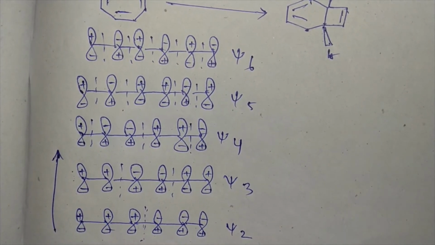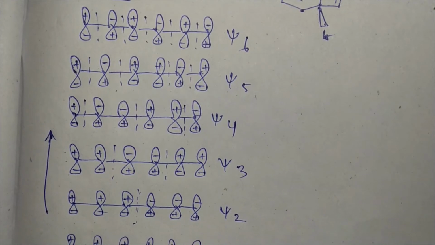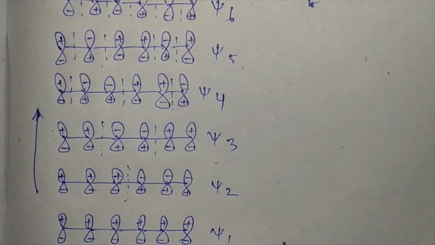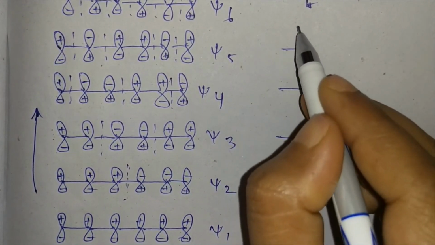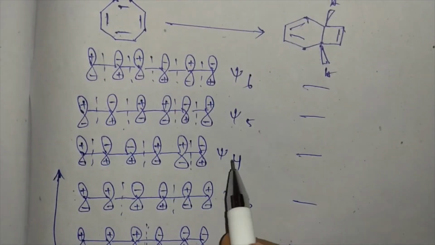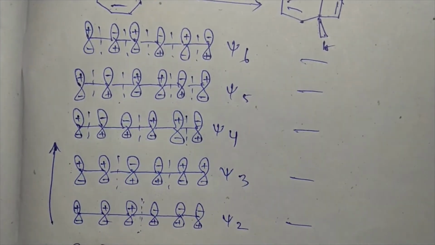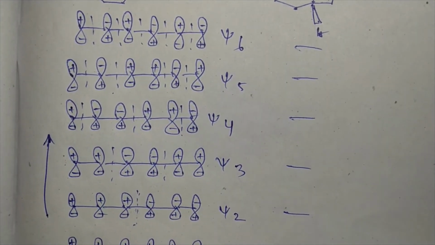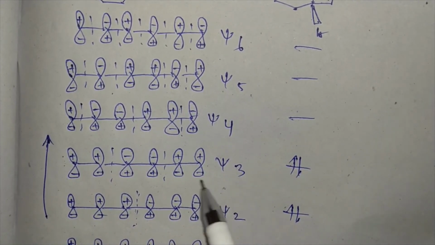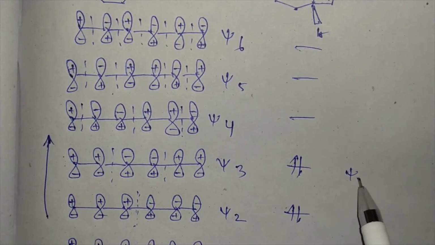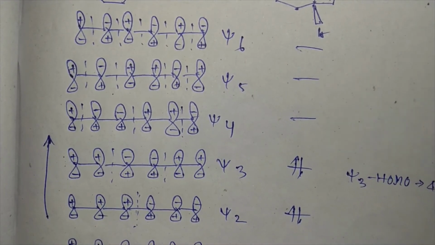So if we see the electronic distribution in these molecular orbitals, 1 2 3 4 5 6, total 6 pi electrons are there. So 2, 4, 6. Now this psi 3 is the HOMO in thermal condition.